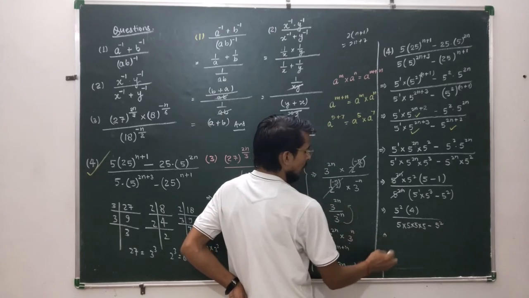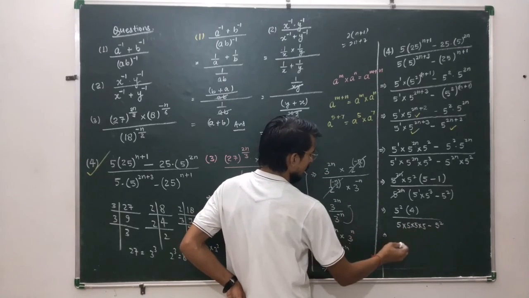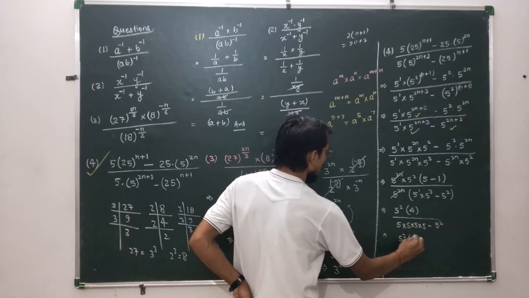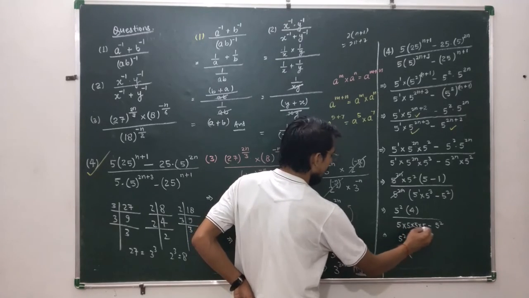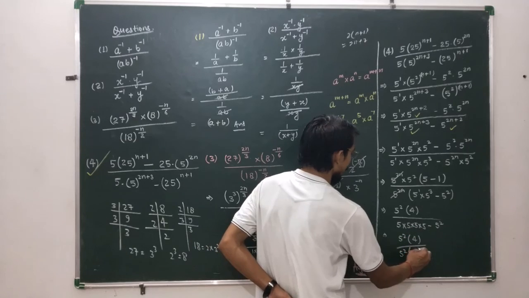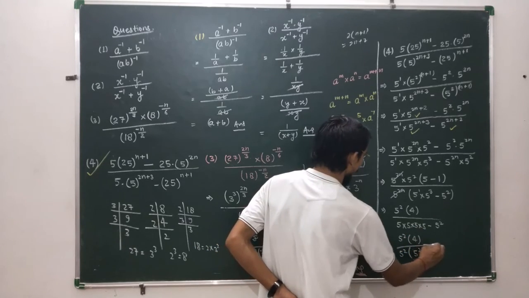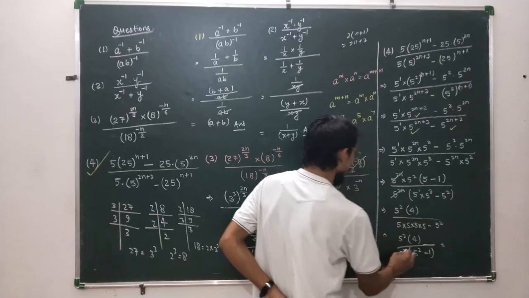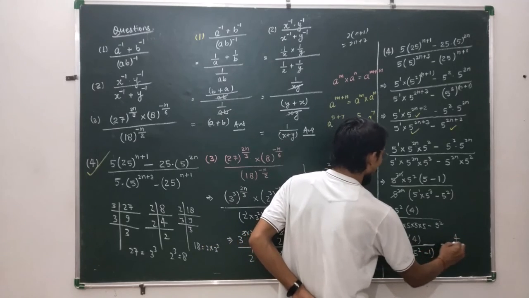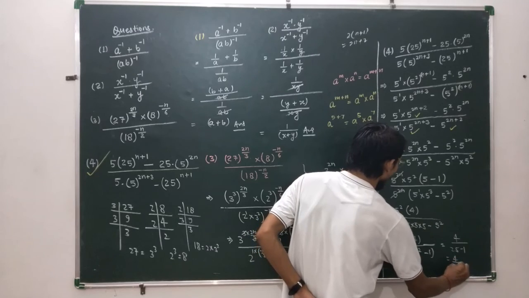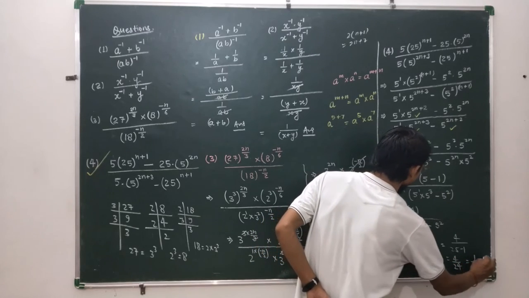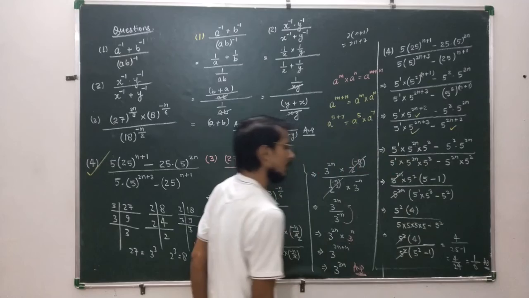So you can also take common 5 square from this. 5 square into 4 upon 5 square common. Here you will get 5 square left and here we will have 1. So this will cancel out and you will get 4 upon 25 minus 1, that is 4 upon 24. So your answer is 1 upon 6. This is your answer.